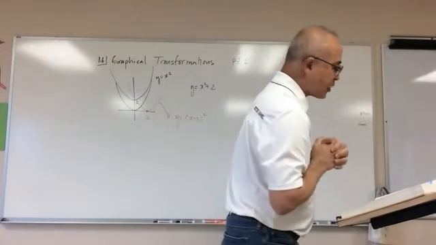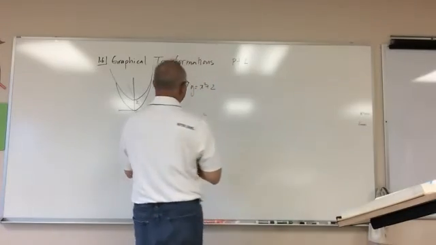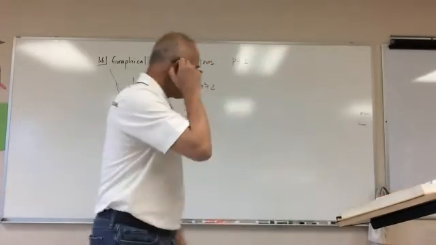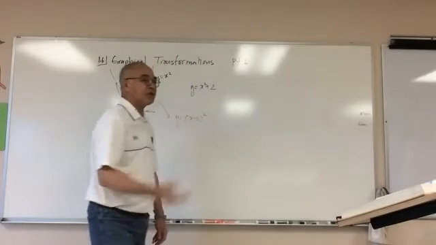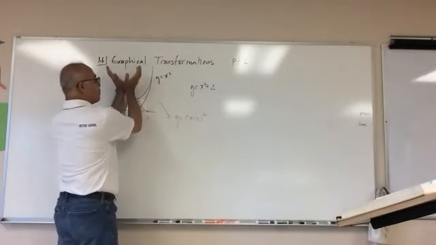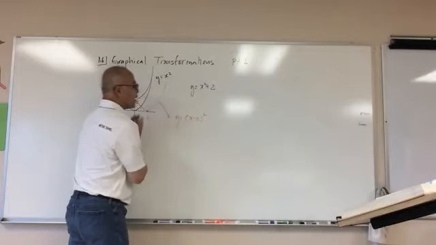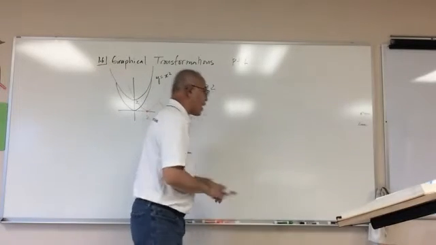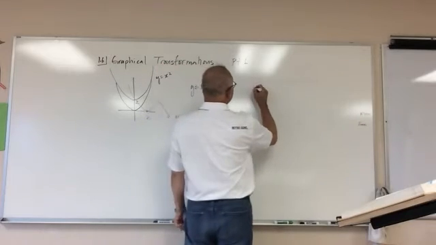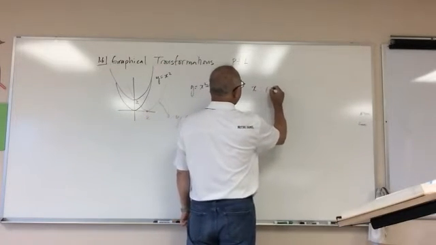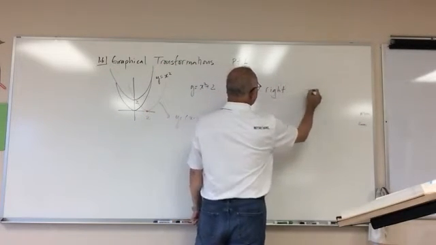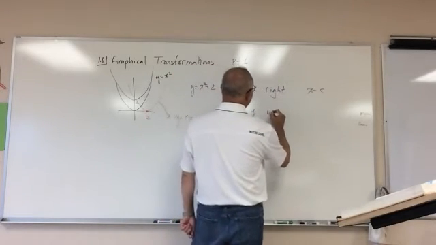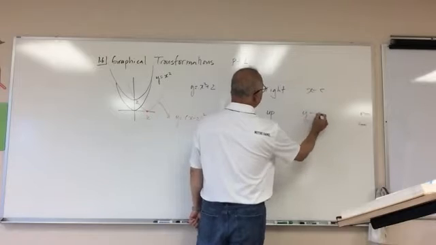The vertical translations, however, I do not want you to try to remember in the fashion the book shows you. Generally, people think that moving up or moving to the right are both in the positive directions. So in a positive direction, you want to move wherever x is. If you're going in the x direction, to the right, you would go x minus c. With the y, if you're going up, I want you to put the same, y minus c.